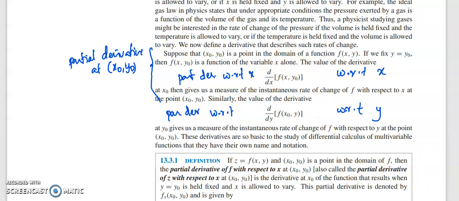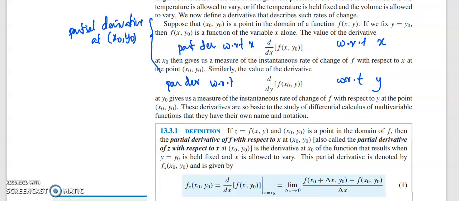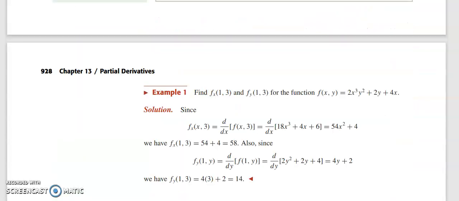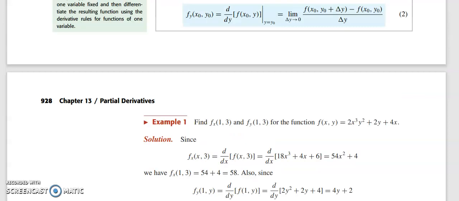Let us put that in the form of a definition and look at the corresponding limit.